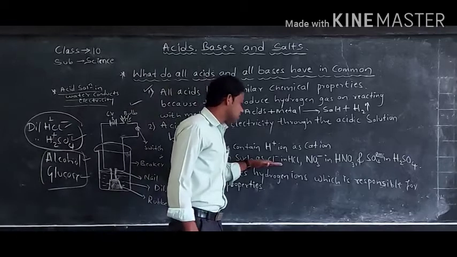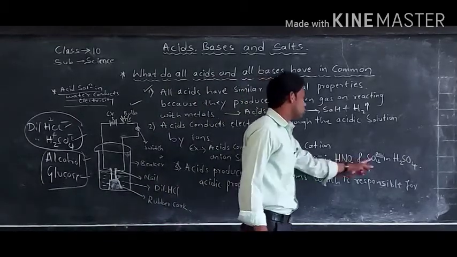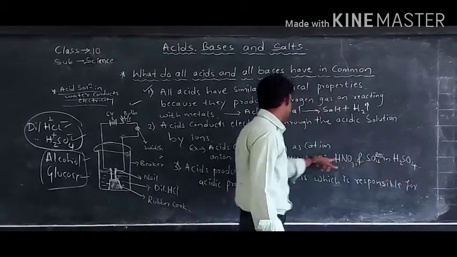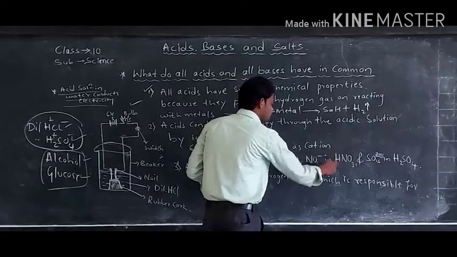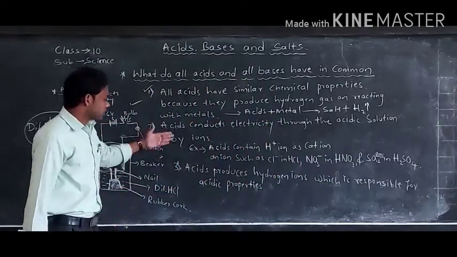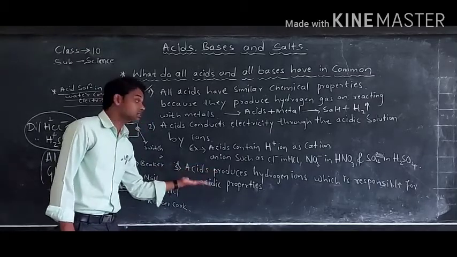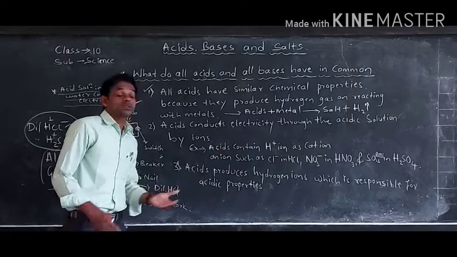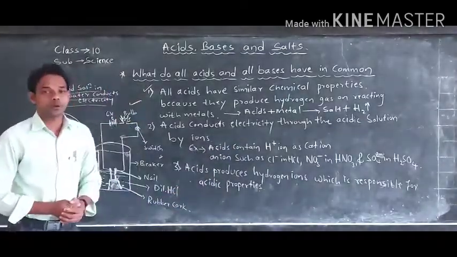Such as Cl in HCl, NO3 in HNO3, SO4 in H2SO4: these are the anions. Understood? Acids produce hydrogen ions, which are responsible for their acidic properties.